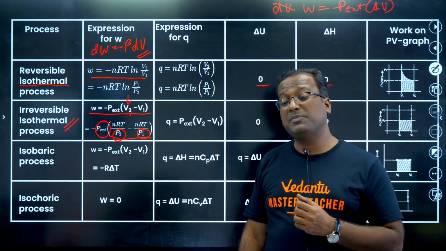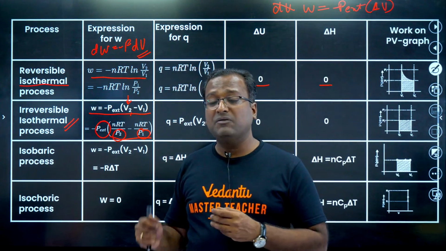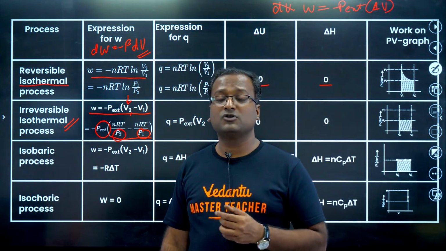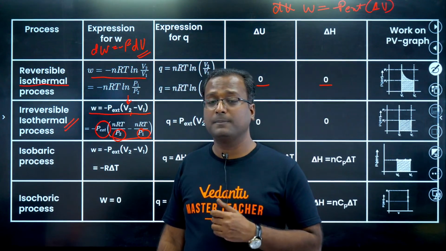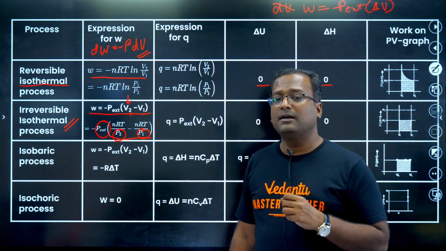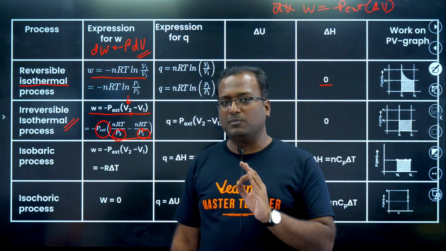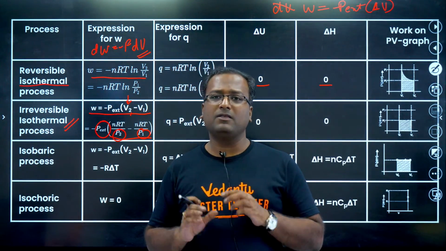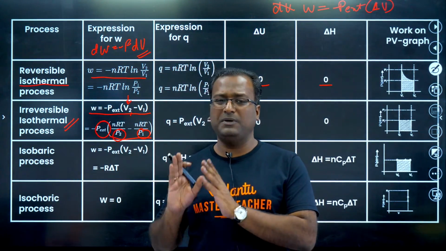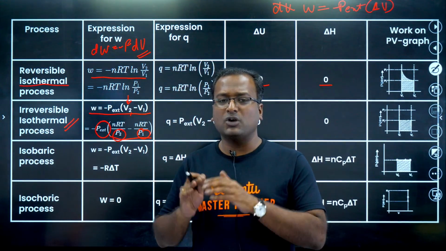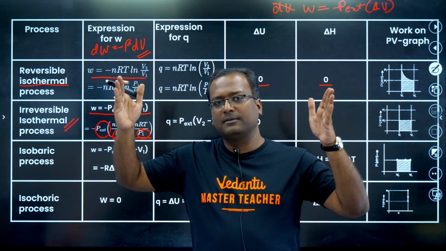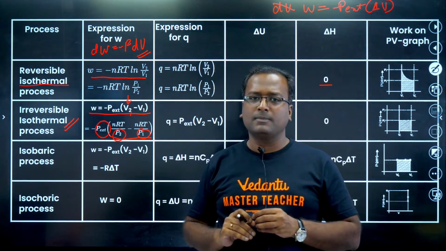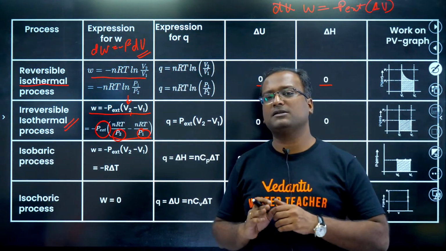In a question we never have three pressure values, right? We'll have initial pressure value and we'll have external pressure value. That's it. So what to do of this P1, P2 then? Let me help you out. In the irreversible case, P external is kept constant. Yes or no? In the case of irreversible process, P external is constant. So if I'm expanding, my P external is the final pressure.